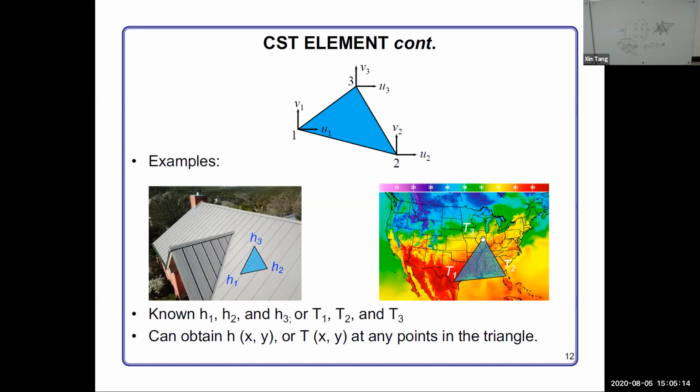But obviously a triangle may not be very exact here, because temperature is not a linear variable; it has very complicated functions built in. So using a triangle element is not appropriate; it's a very approximate way to find the temperature of any city within this triangle. But this explains the concept: you can do the fitting, the interpolation, to find the value at a point within the triangle element.